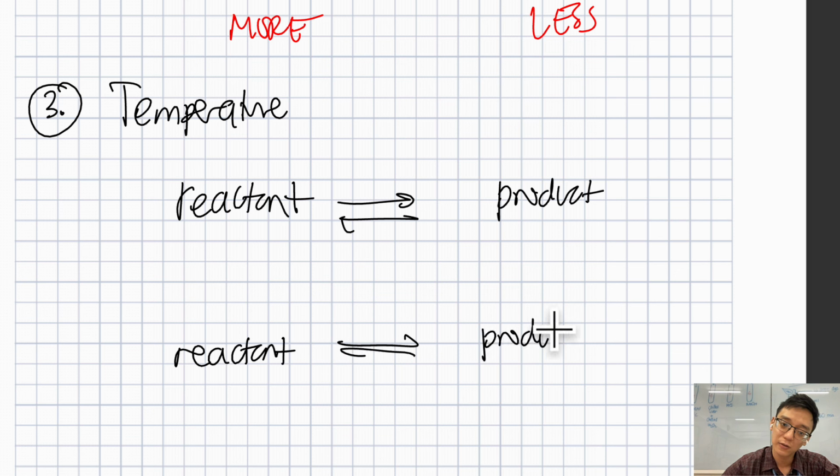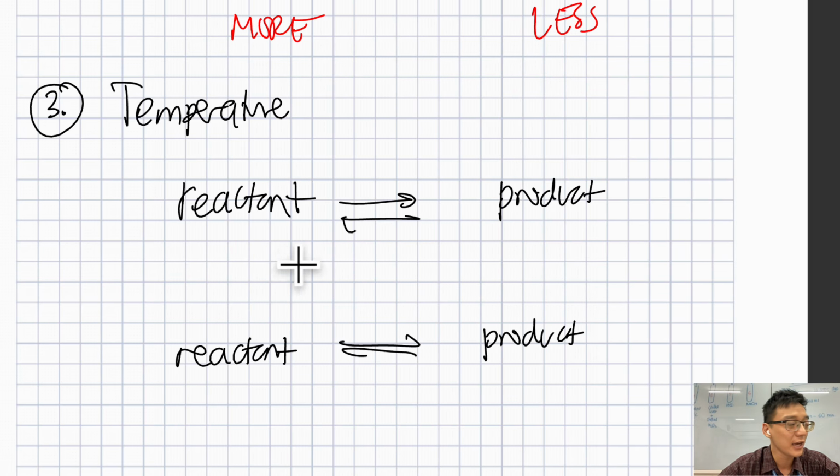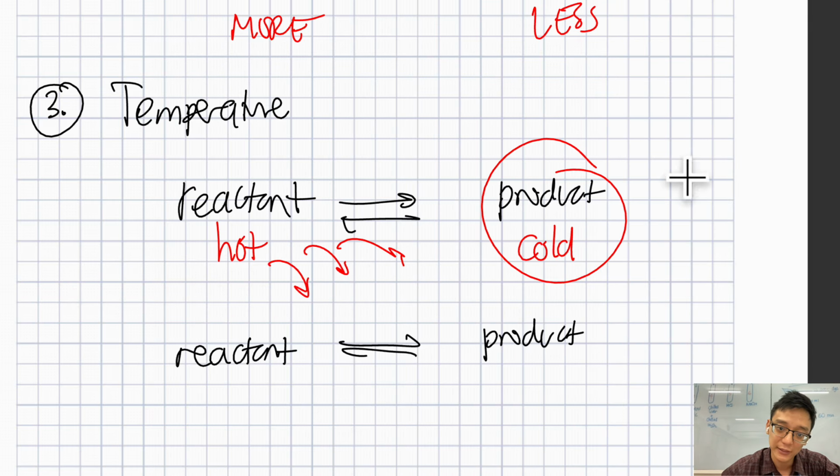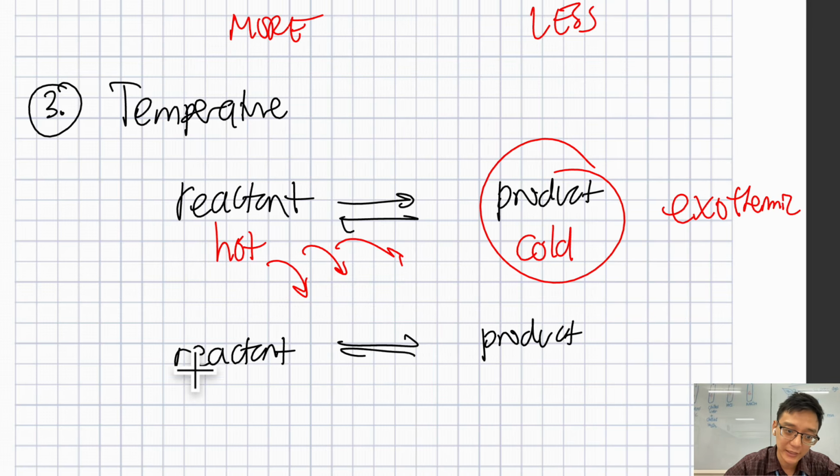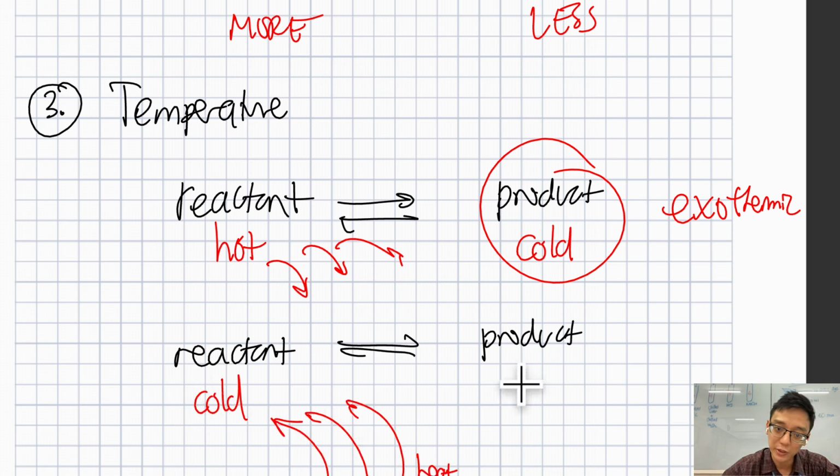For an exothermic reaction, it typically releases heat. So originally the reactant is hot, and then the reactant throws heat away, so the product will be cold, right? This is exothermic. While for endothermic, initially the reactant is cold, but then it gains heat, so the product will be hot.